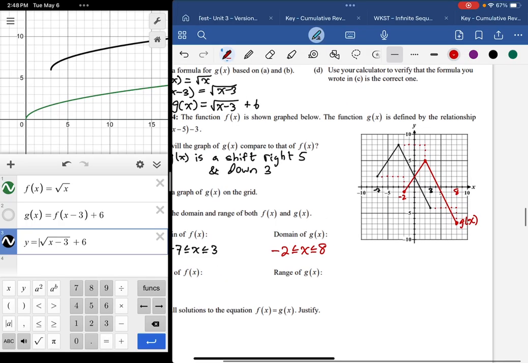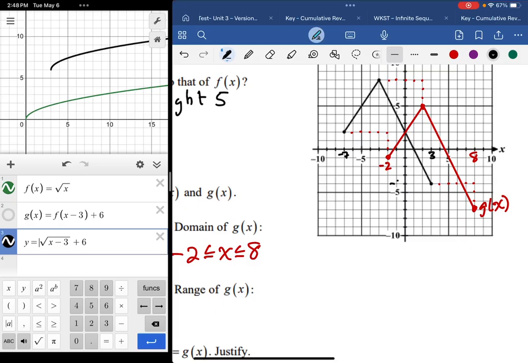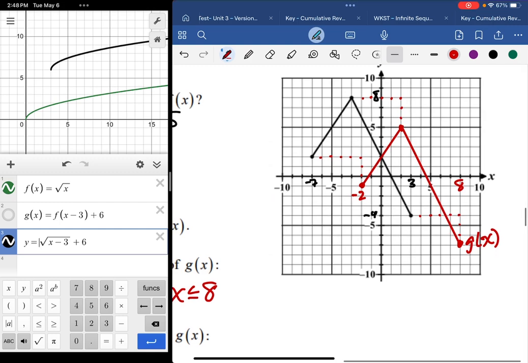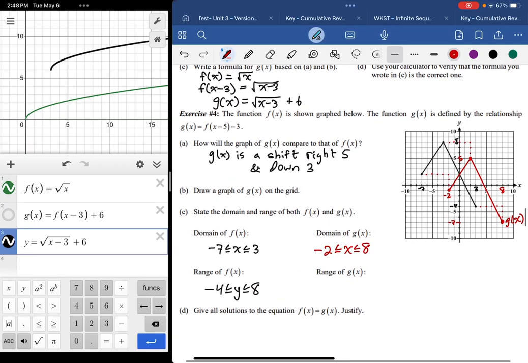Now for my range, the lowest value on my f graph is -4. The highest is 8. And for my g, the lowest one is -7, and the highest one is 5. Also representing a shift, this time down 3 units.